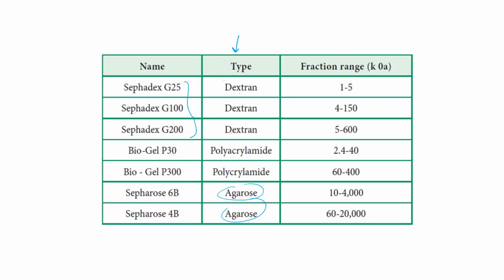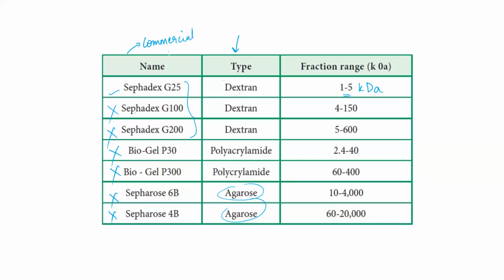If you have a mixture of molecules whose molecular mass ranges from 1 to 5 kilodaltons, and you know your analyte is in this range, then you should go for Sephadex G25.